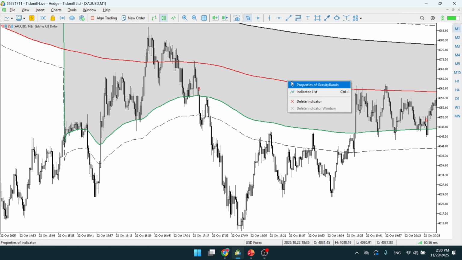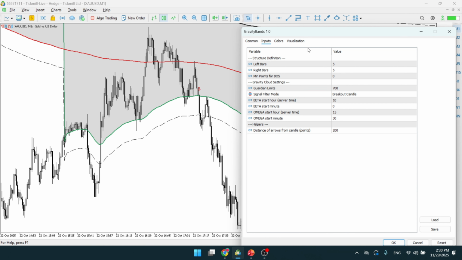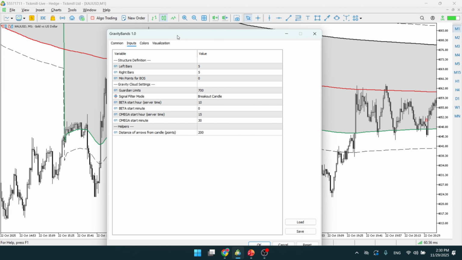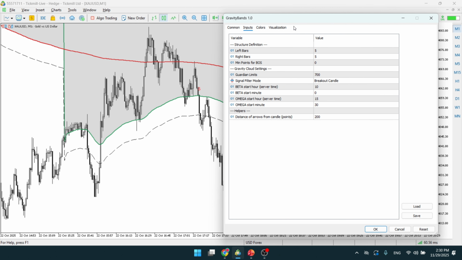These bands have their configuration, and if I go to the configuration to show you an example, the configuration is simple. Basically, you have the structure definition, because we follow that structure in Gravity Bands. We have the left bars and right bars, so 5 by 5. This will help us determine the swing.